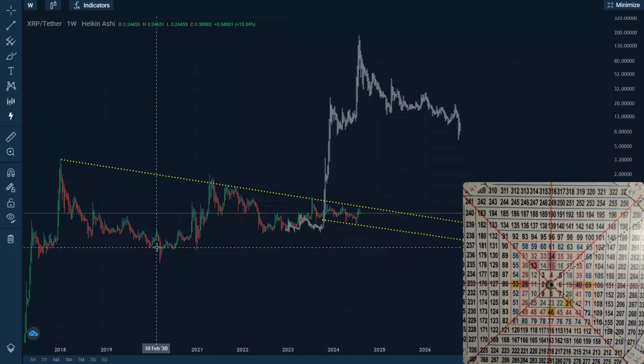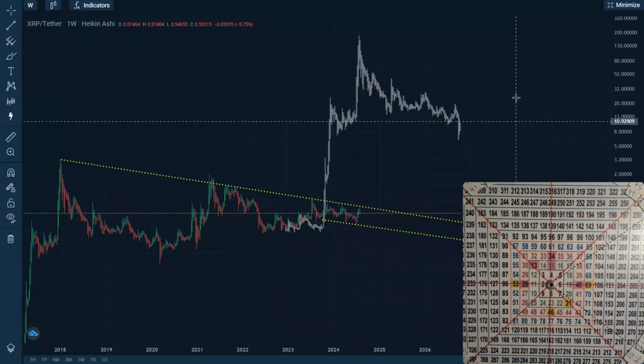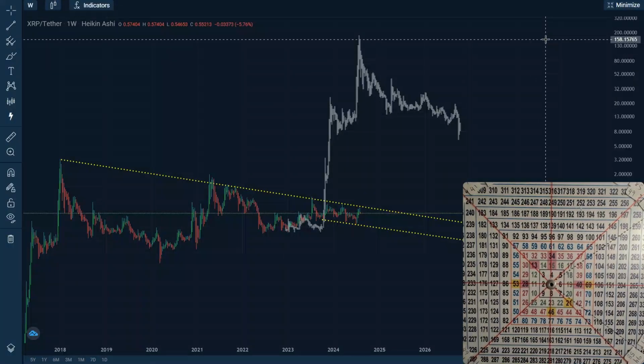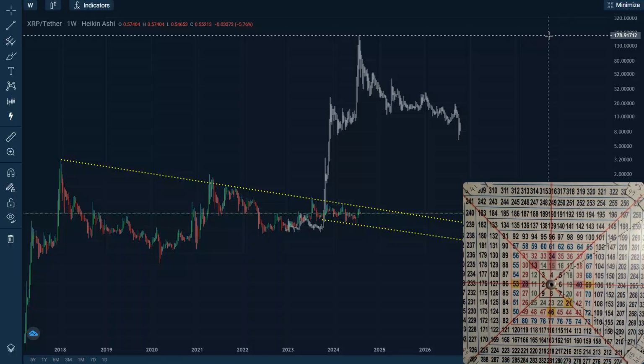So 100 years later, I'm warning that there is something going on here. William pointed this out. This is a 100-year cycle, so pay attention to that.